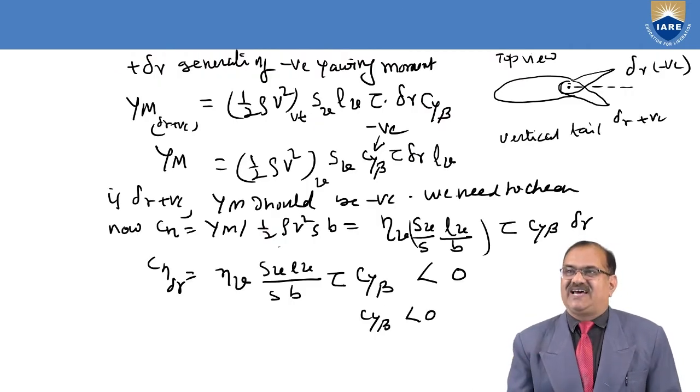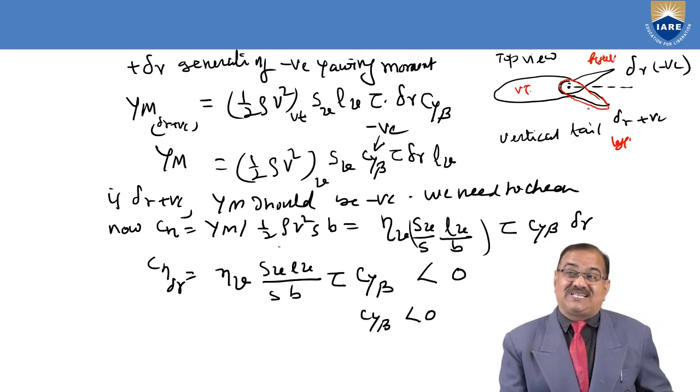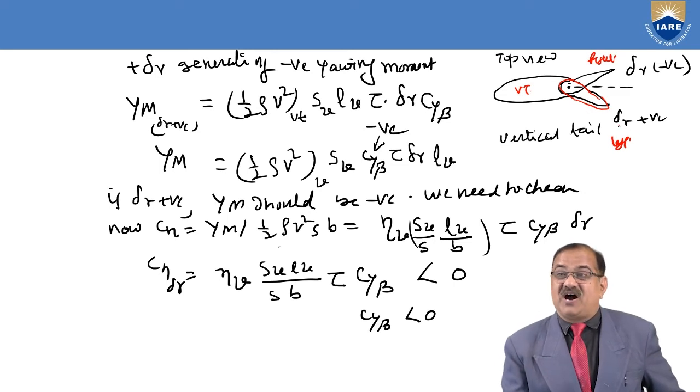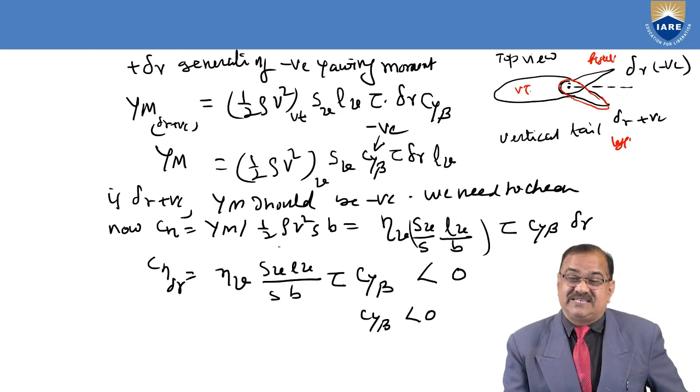If you see this rudder, we have deflected it in this diagram. This is the vertical tail, and here is the rudder. If the rudder is going towards the left, this is the left and this is the right, then it is a positive δ_R, and if it is going towards the right side, it is negative.